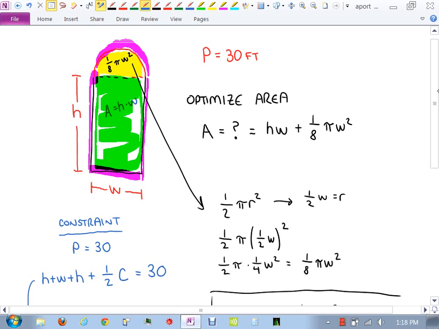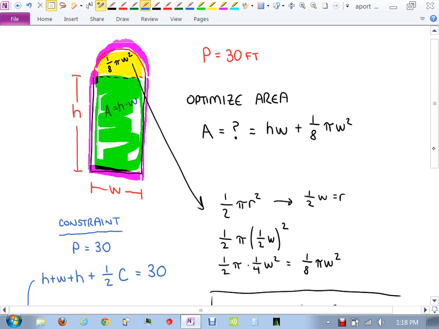And is there a minimum? Is there a smallest value that W can be? 0. 0, right? I agree that 0 is the minimum value it can be.